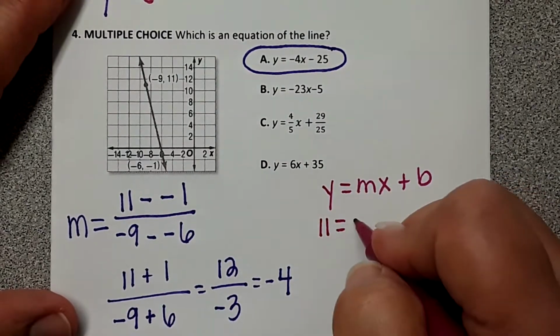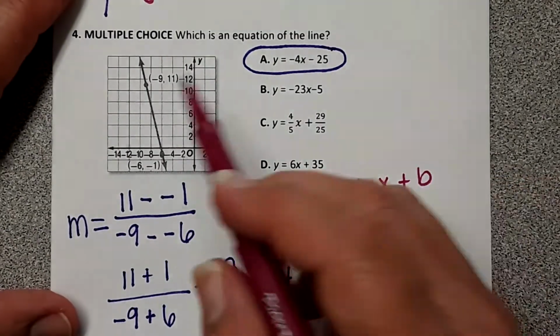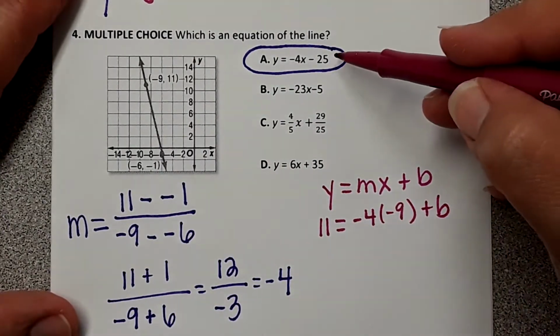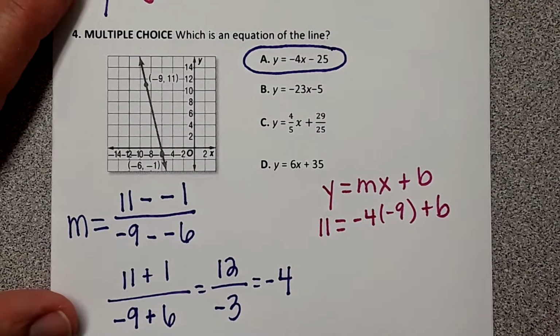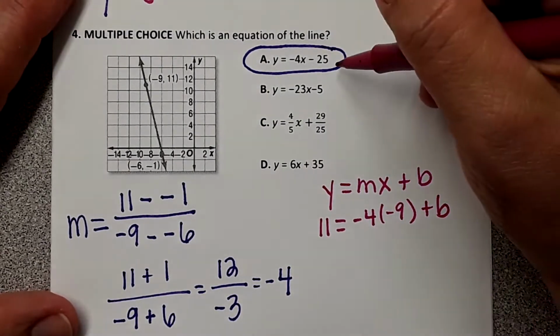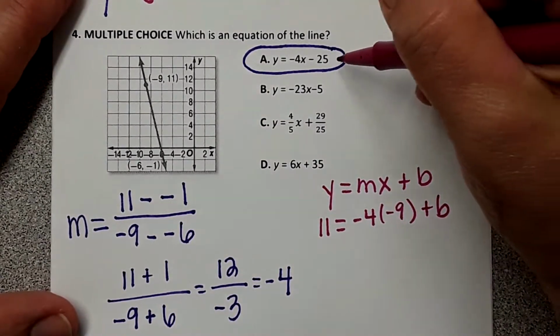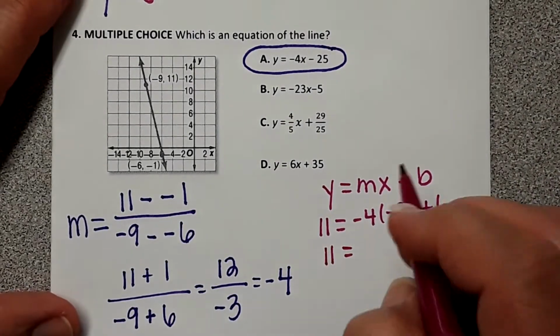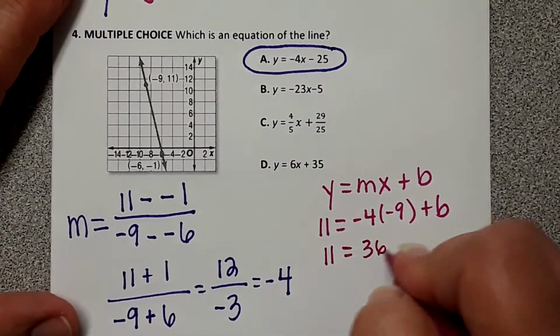Instead of writing m, I'm going to put negative 4. Instead of writing x, I'm going to put negative 9 plus b, because I'm trying to find that negative 25. What I'm doing is checking to make sure that this equation is correct. So I have 11 equaling negative 4 times negative 9, which is positive 36, plus b.